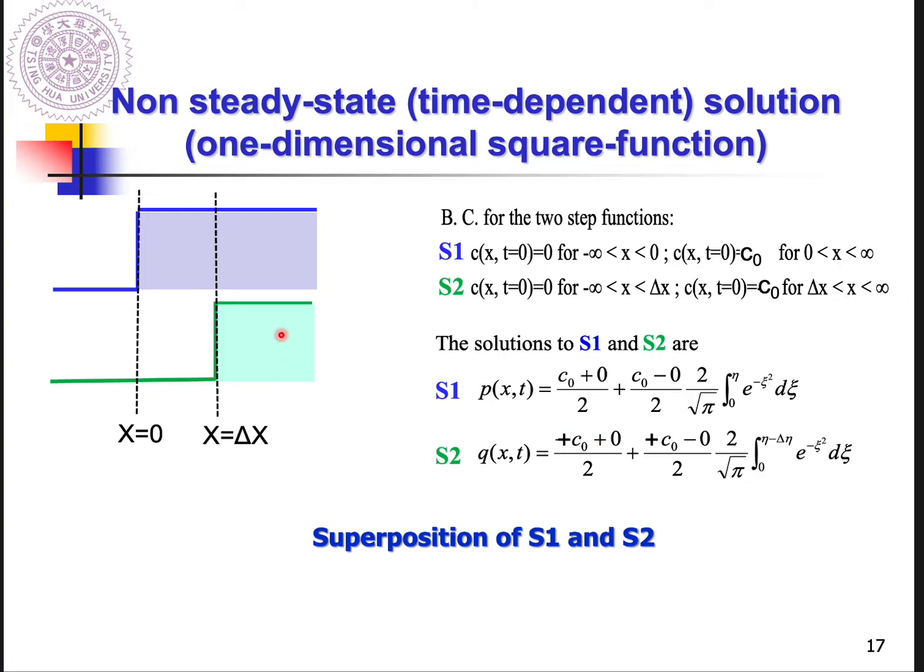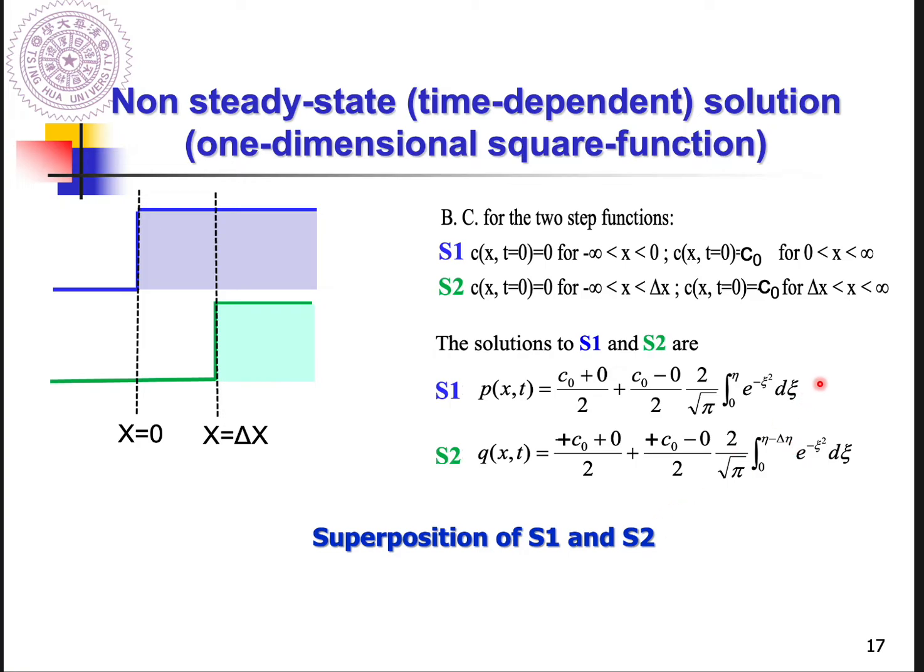So the concentration profile will be (C0 plus 0)/2 plus (C0 minus 0)/2, and the error function will be a little bit changed. Because this profile shifted to the right-hand side by delta x, the upper limit will be iota minus delta iota.